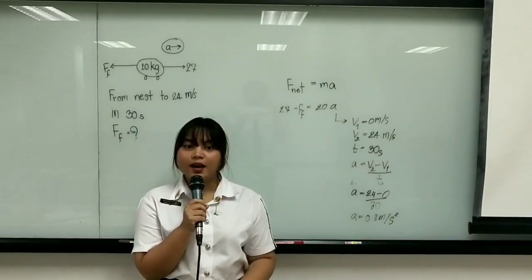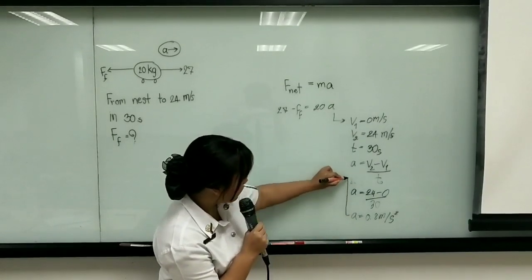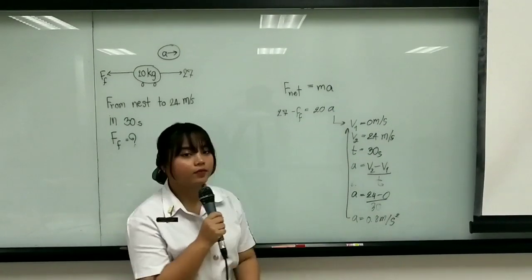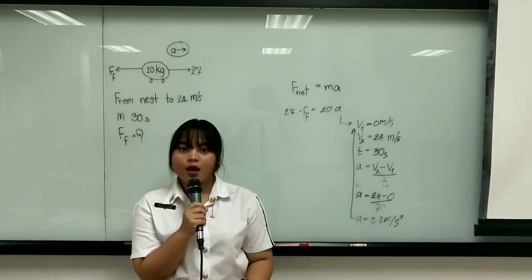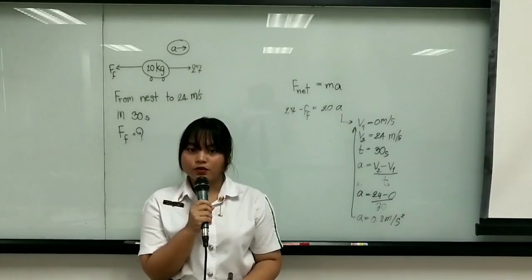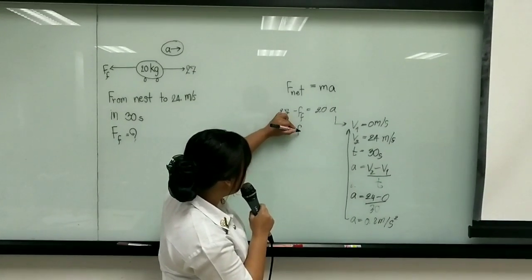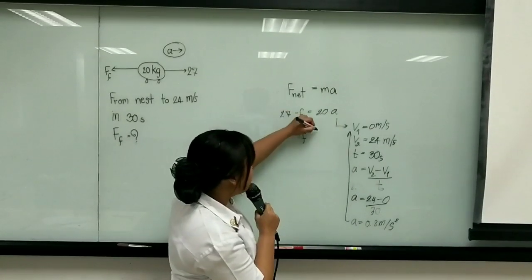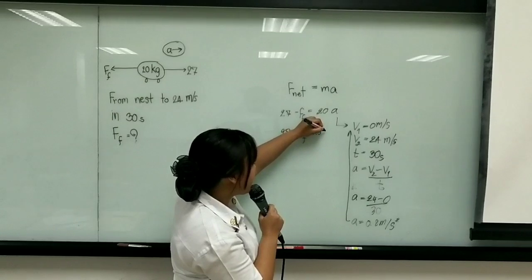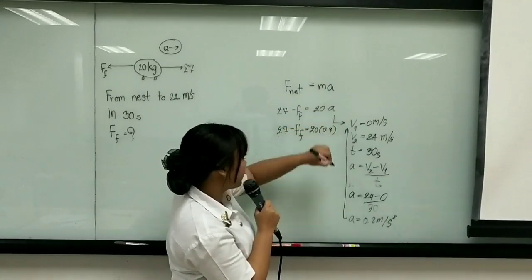Okay, so I can plug that back in here and say 27 minus force of friction equals 20 times 0.8.